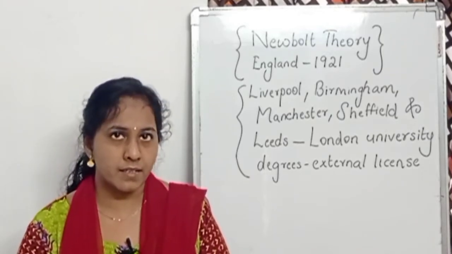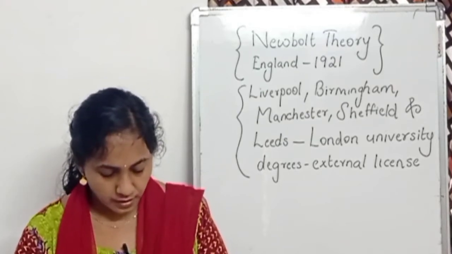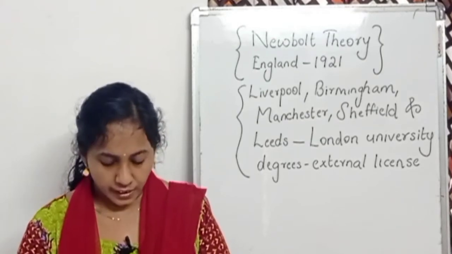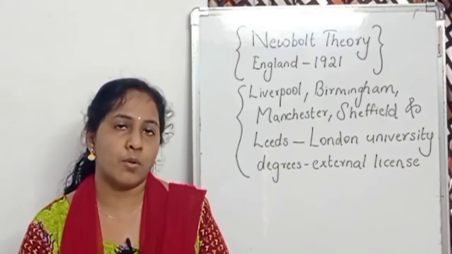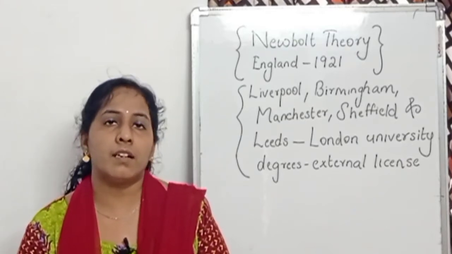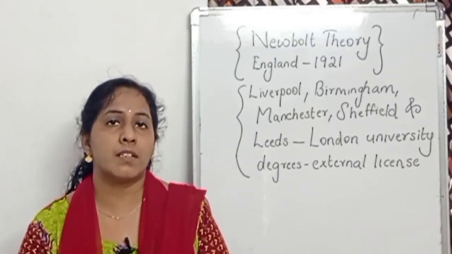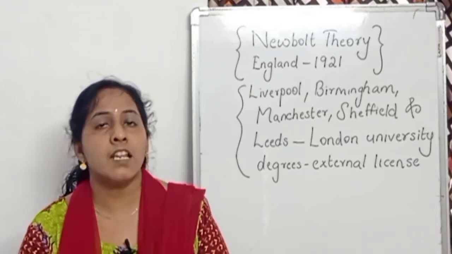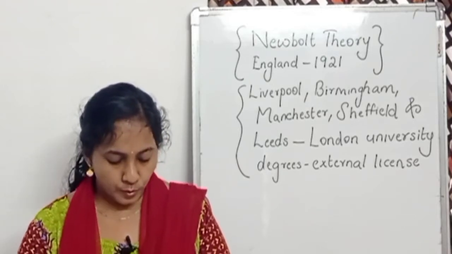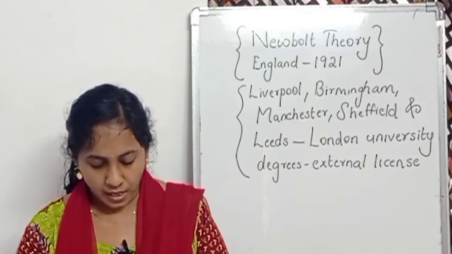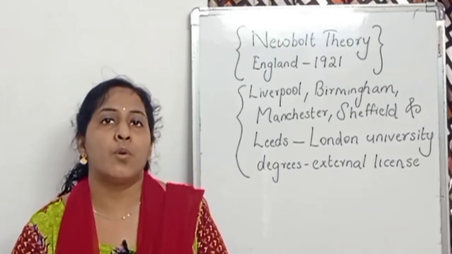Later, these universities in these industrial cities eventually became universities in their own right. Initially they were offered London University degrees with external license, but over time these places became universities in their own right.